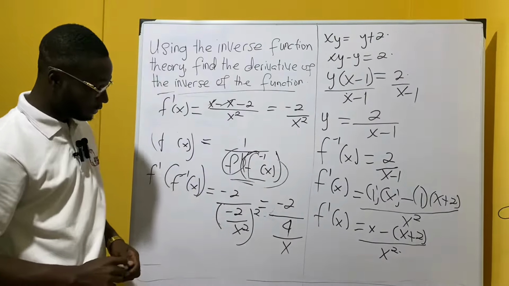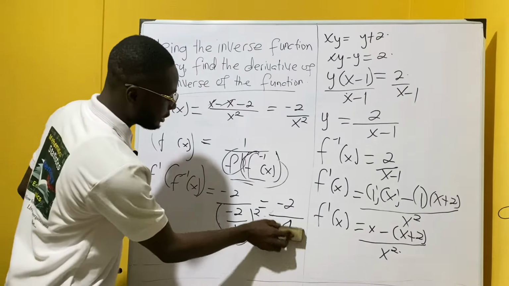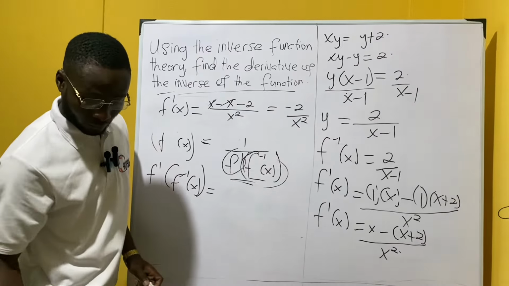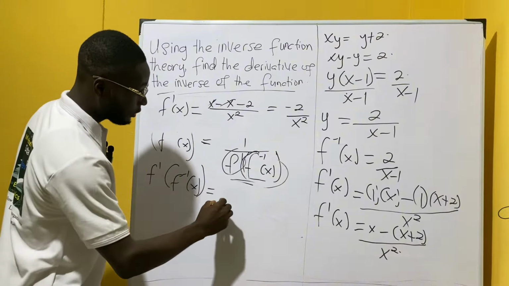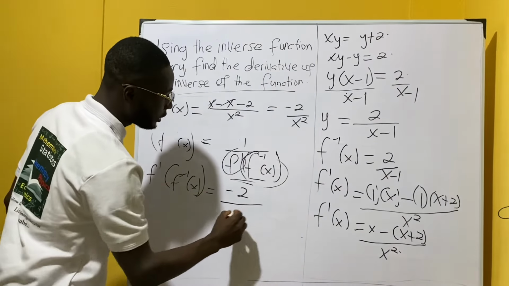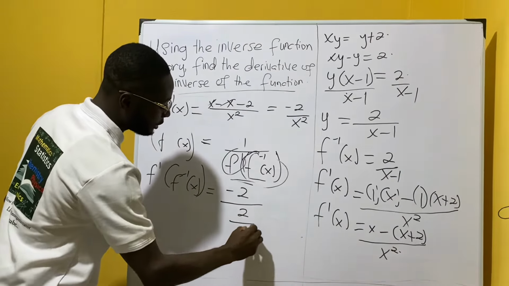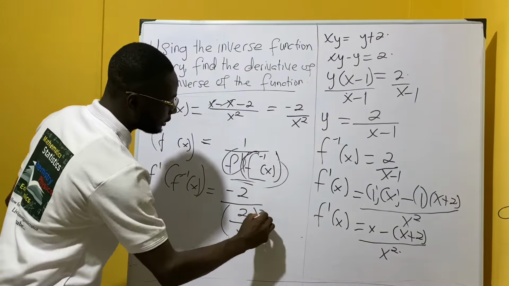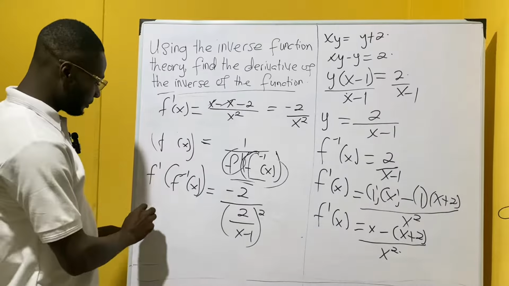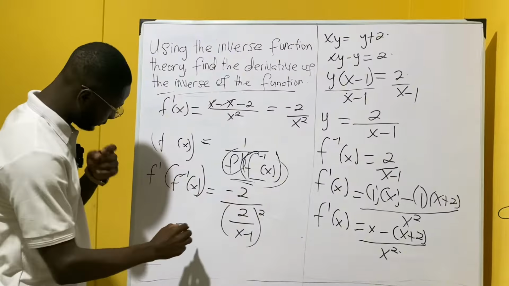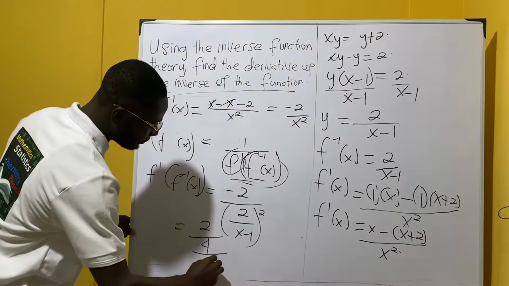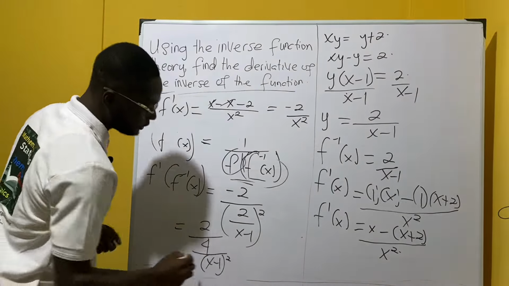Is that true? Let's go back here. Yeah, it's x minus 1 rather. So minus 2 over 2 over x minus 1 all squared, right? So because of this here. So let's simplify this here. 2 over 4 all over x minus 1 all squared, right?